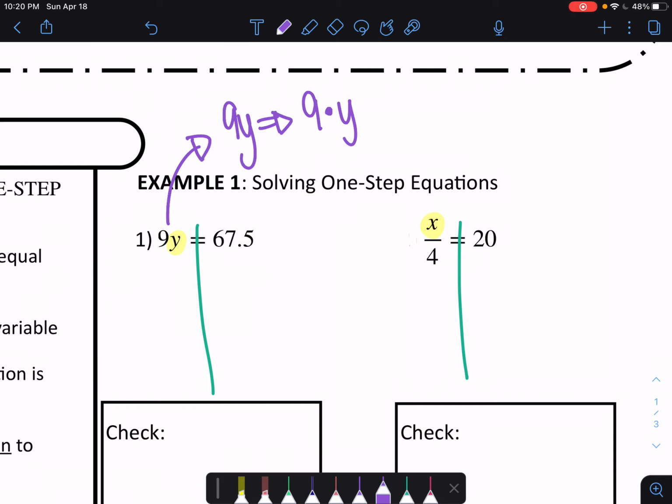And when I go to solve, I'm going to use division. But when I do division in these equations, I'm not going to show it with the traditional division symbol. We're actually going to show it by drawing a line underneath both. This is going to be kind of like a fraction bar. And we're going to use that to represent division.